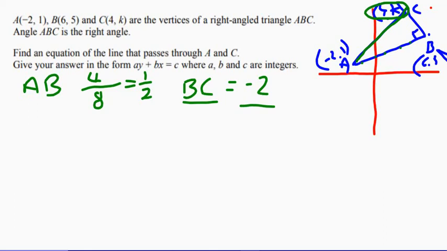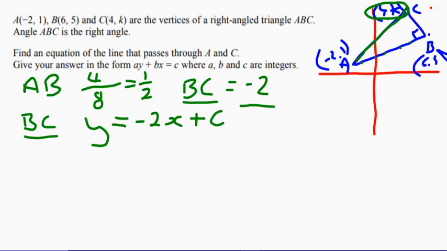Right, now I've got enough information to try and work out what this k part is. Let's stay with BC for a moment. The equation of the line: we know at the moment that y equals minus 2x plus c. If we sub in the 6 and the 5, that gives 5 equals minus 2 times 6 plus c.